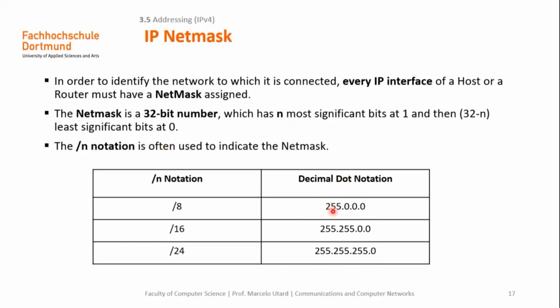For instance, this netmask is the typical default netmask used in class A addresses. This means that the 8 bits of the most significant byte are in 1, then 255.0.0.0 is a mask that has the 8 most significant bits in 1 and the least significant bits in 0.